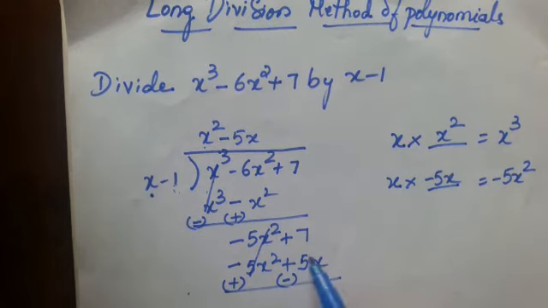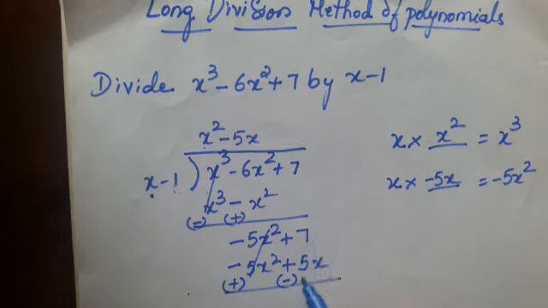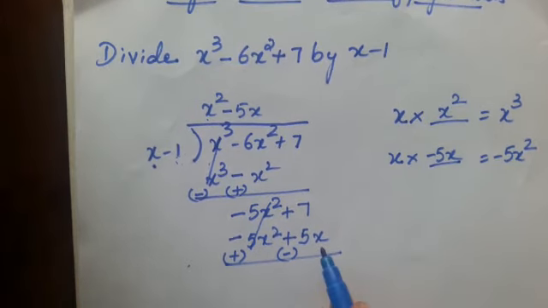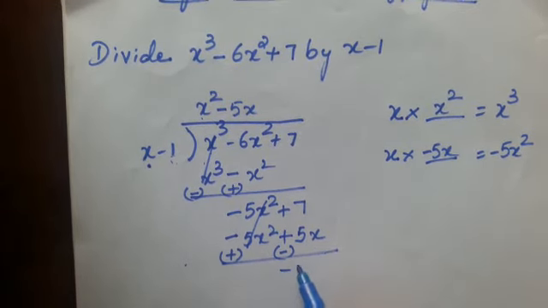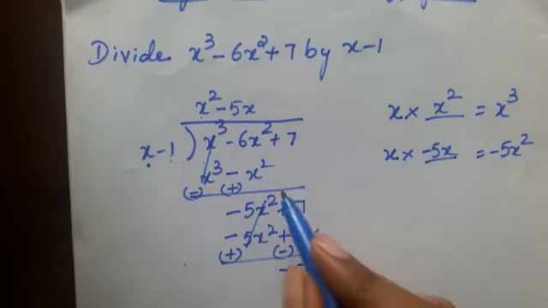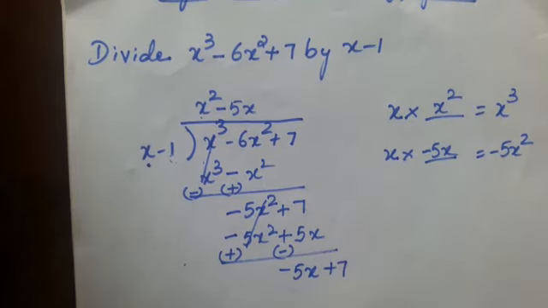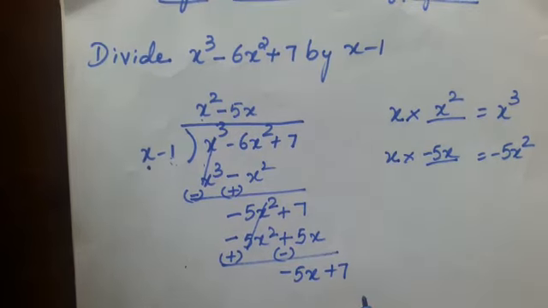Then here minus 5x is there, here plus 7 is there, here a variable is there, here one constant is there, which we cannot add or subtract because this one has a variable and this is only a constant. So only like terms we can add or subtract. Therefore this is not possible. So write it down like that only: minus 5x as it is, plus 7 as it is, right?